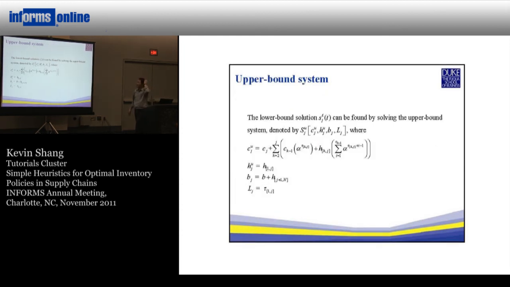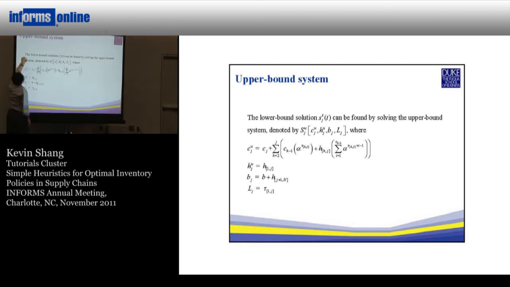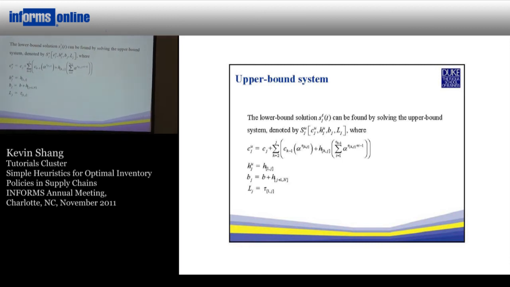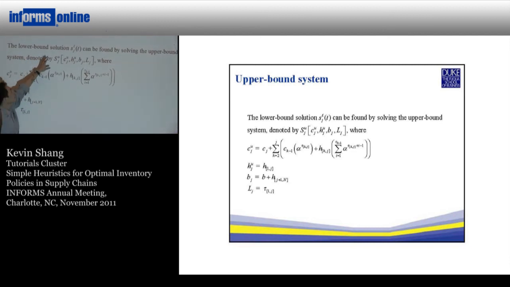The main result is that, yes, from the upper bound system, we can generate the lower bound solution. This lower bound solution, SJLT, can be found by solving a single stage system using the notation for every stage J, and the parameters look like this.